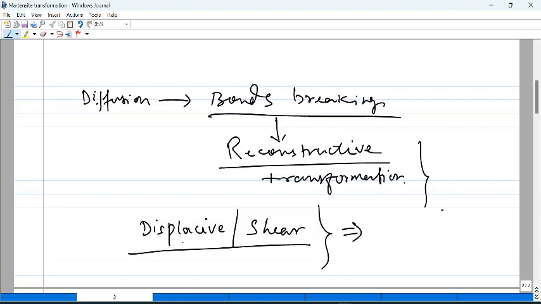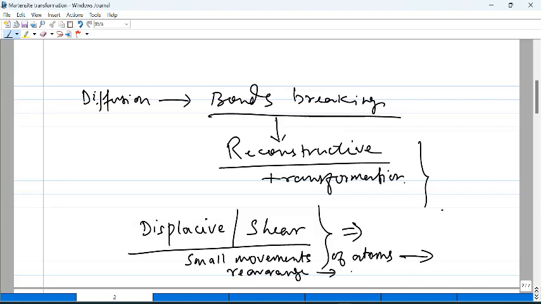So here what we are saying is, with some small movements of the atoms, they will rearrange themselves into a new pattern, instead of entirely breaking the bonds and then getting rearranged into the new structure.